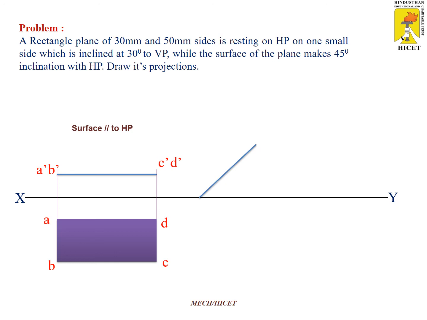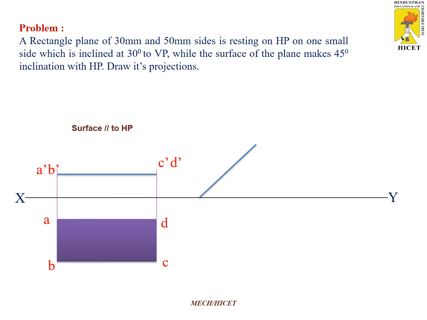So first you draw the line at 45 degrees. Take the distance from the reference plane, that is A dash to D dash, otherwise B dash to C dash, like that. Take the distance, and after that draw the inclined line, the same line in the second position, A dash, B dash, C dash and D dash.